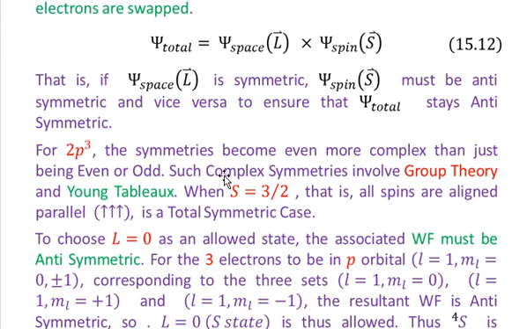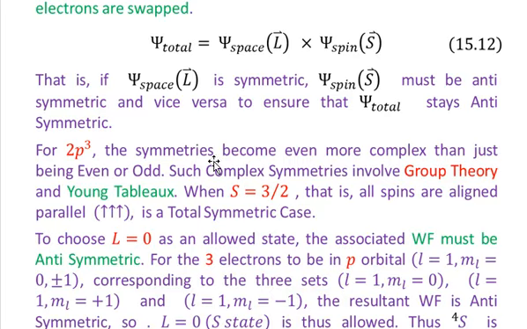For 2p3, symmetries become even more complex than just being even or odd. Here I am discussing only two types of symmetries, that is symmetric and antisymmetric. But you know that the symmetries can be more complex in some situations. That is, we have a mixed symmetric case.